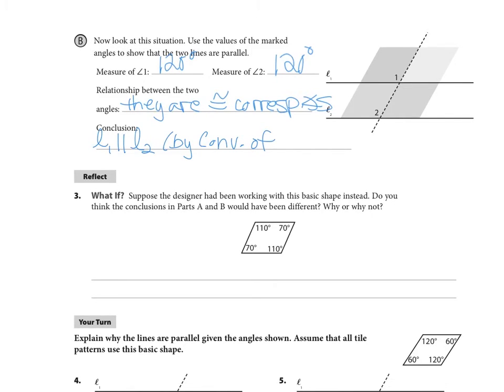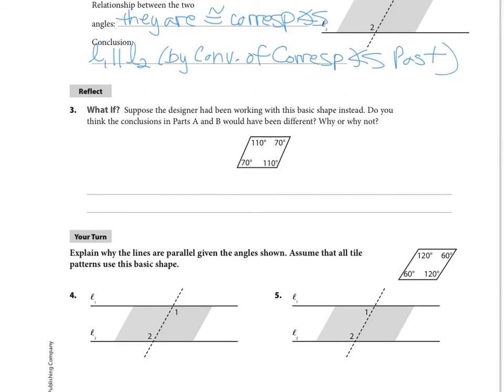They were corresponding. So it's the converse of the corresponding angles postulate. So I just wanted to get you in the habit that when you get down to your turns here for 4 and 5, we'll be doing the same idea as what we just did in Example 1, parts A and B.